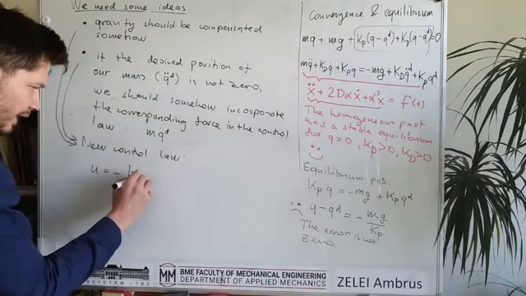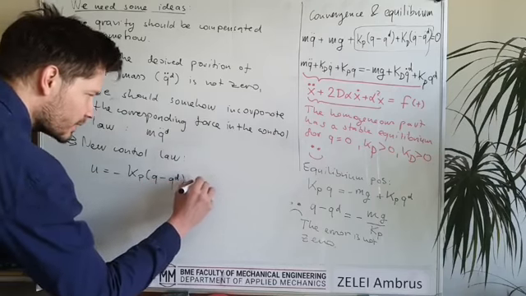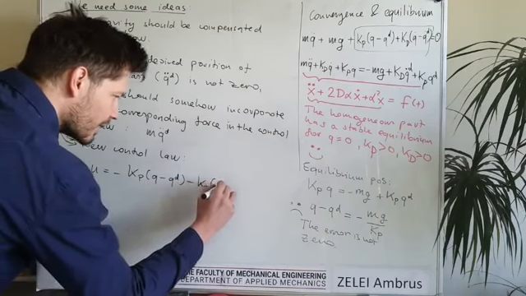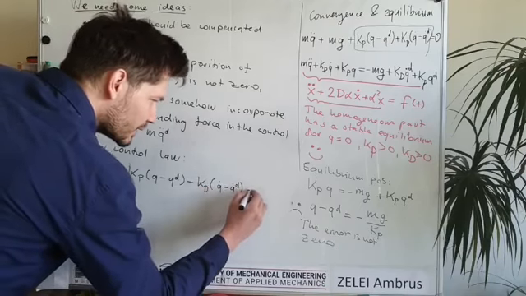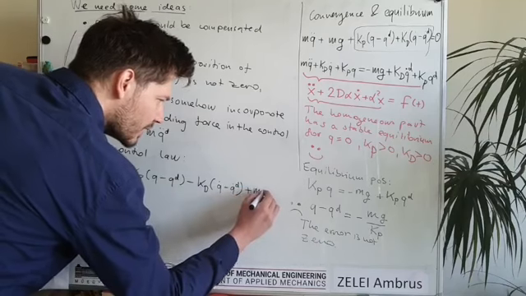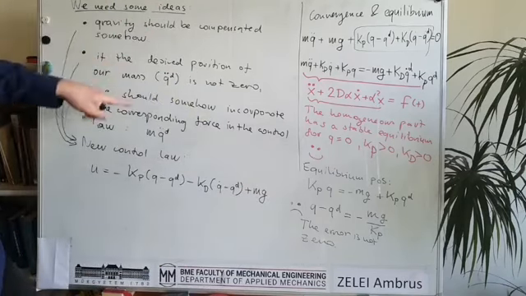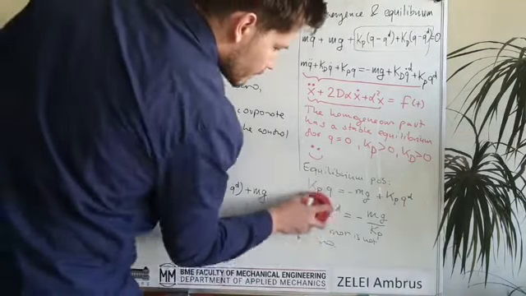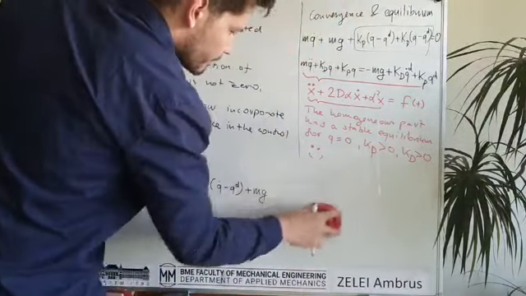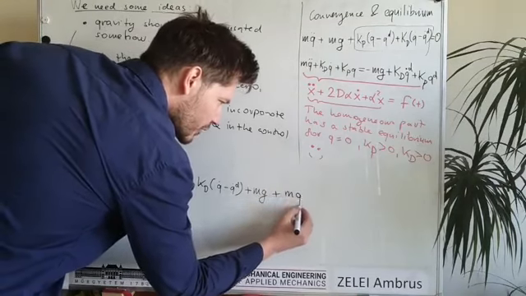So it was minus Kp times the position error minus Kd times the velocity error, and we will have some new term which is equal to the gravity compensation, and there will be another term which will be equal to the force which guarantees the acceleration.